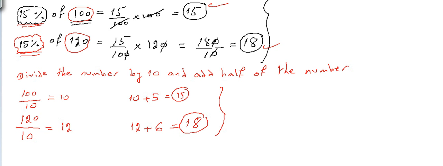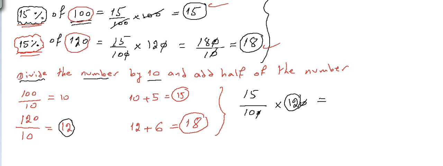Let me see 15% of 120. What we did is the same thing. We divided the number by 10 when we simplified 120 and 100. This means we divided 120 by 10 and ended up with this number 12. So we're multiplying 12 by 15 over 10.